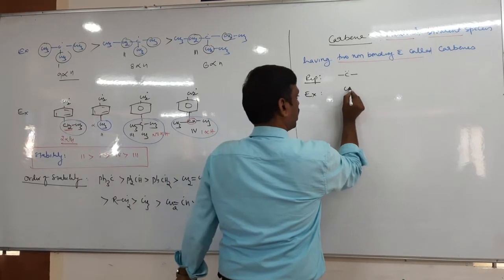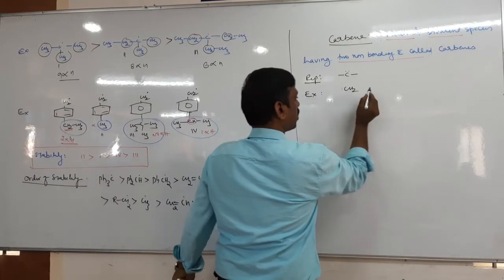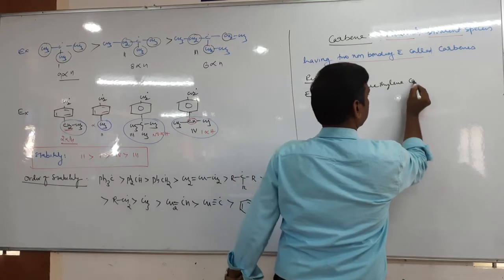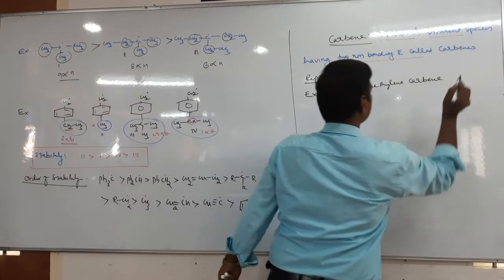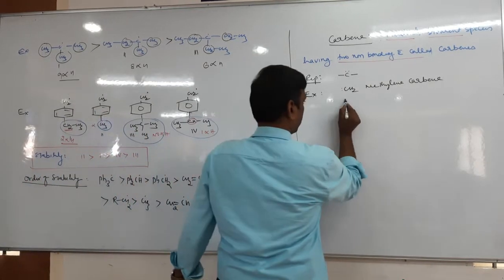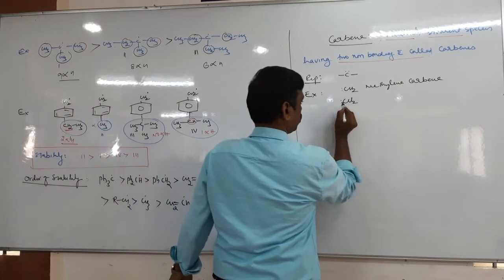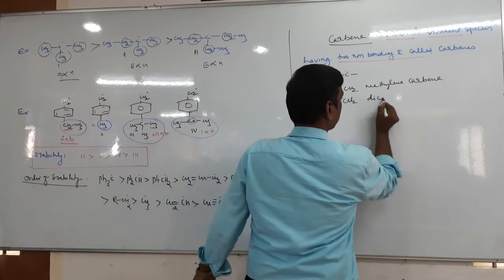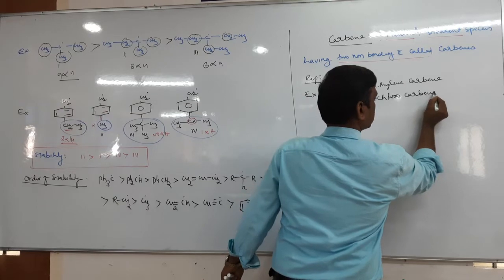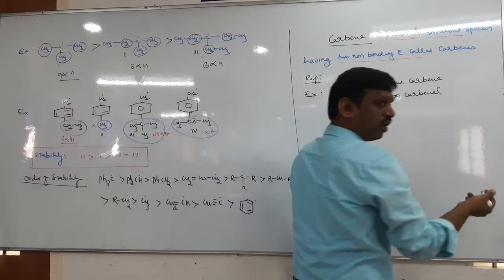One is methylene carbene, CH2 with 2 dots, and CCl2 with 2 dots is called dichlorocarbene. This dichlorocarbene is actually an electrophile.